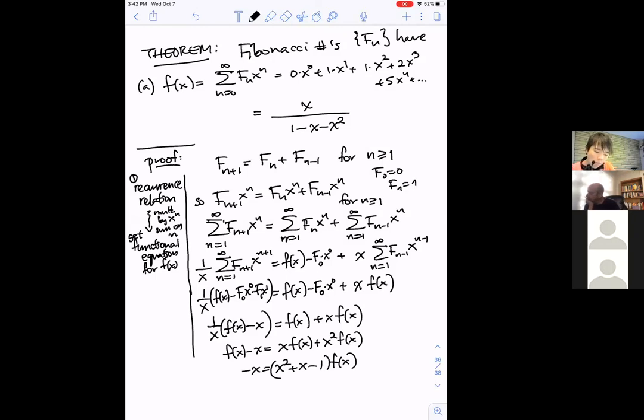No, it looks okay. Oh yeah, sorry. Now I see, it's because of the minus in front of the x. f of x is minus x over x squared plus x minus 1, which is x over 1 minus x minus x squared. And that's what we were trying to derive, right? That was the thing that we see up at the top.